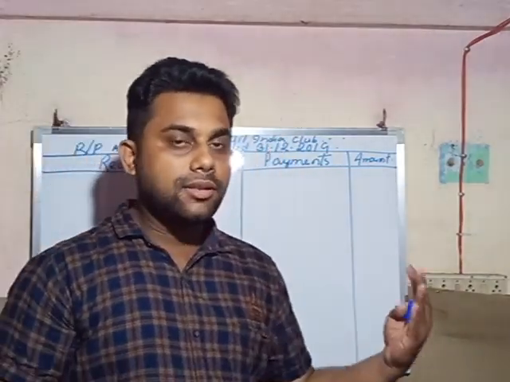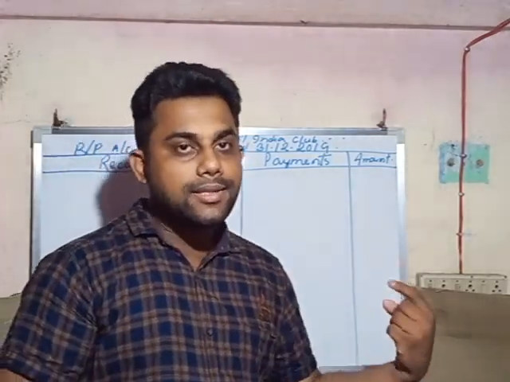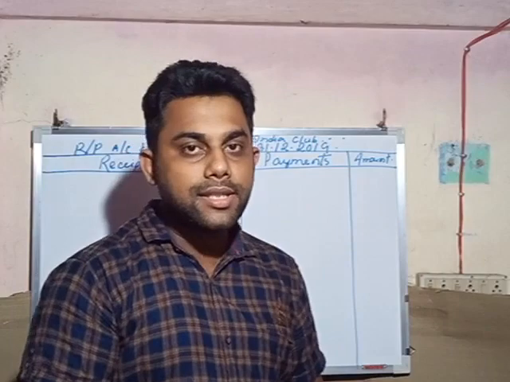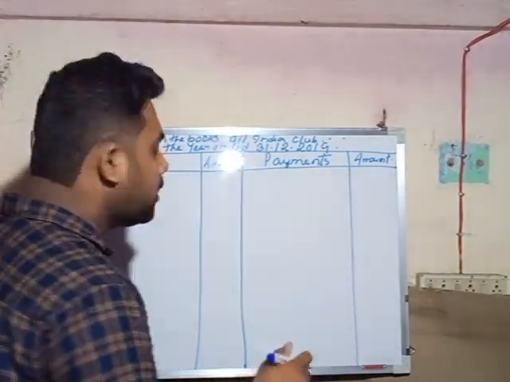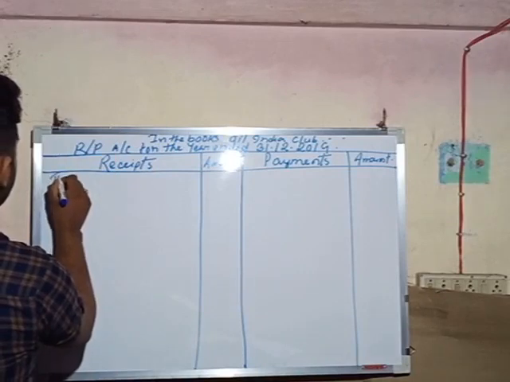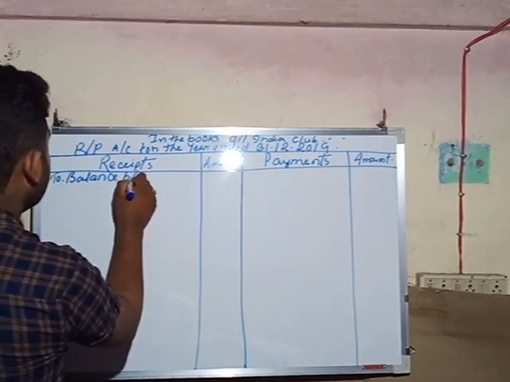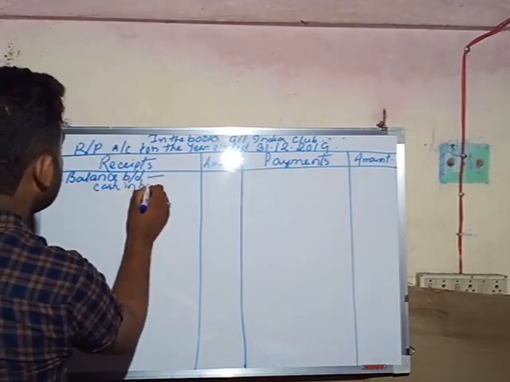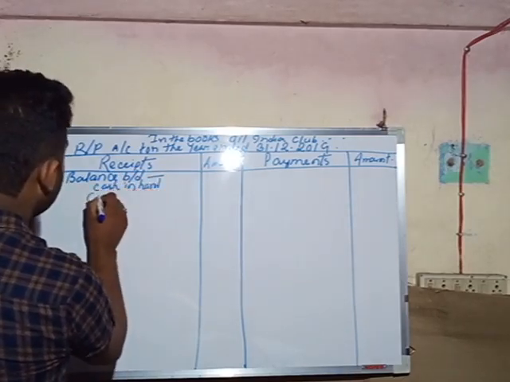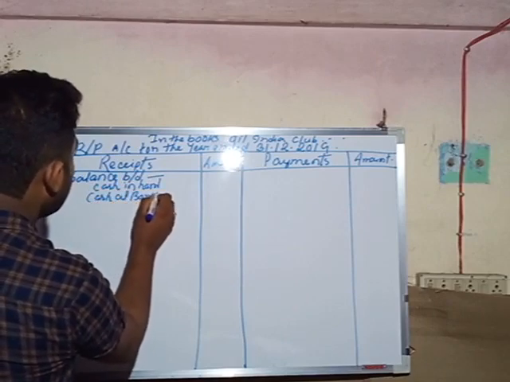The first thing that comes in the receipts and payment account is the opening balance of cash in hand and opening balance of cash at bank. It comes in the receipt side because both are assets. To balance b/d, cash in hand and cash at bank.